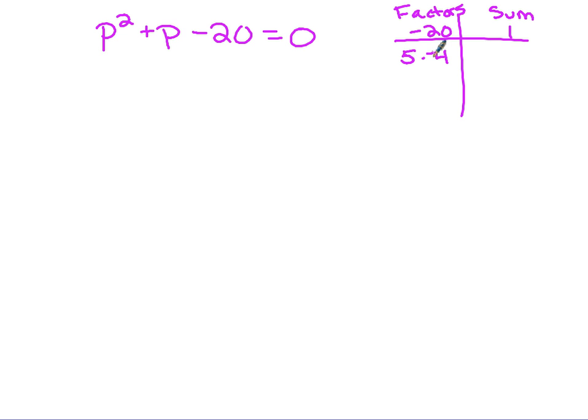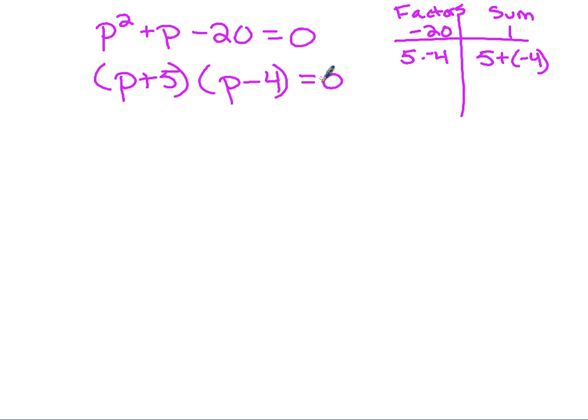Oh, that needs to be negative, because 5 plus negative 4 would give me positive 1. And 5 times negative 4 would be negative 20. Perfect. All right, so we have P plus 5 times P minus 4, which means, since that's a positive 5, one of my solutions is a negative 5. And since that's a negative 4, my other solution is a positive 4. Done. All right, one more.